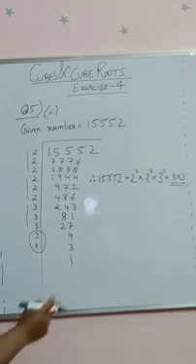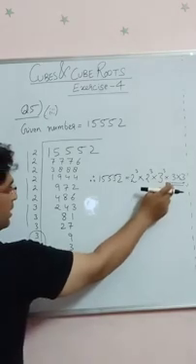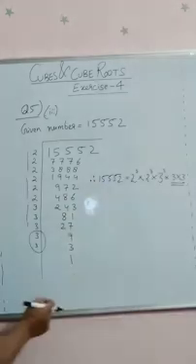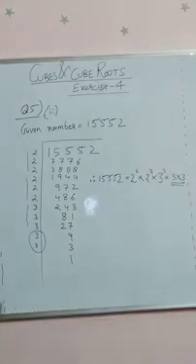So hence, in order to make this 3 in the form of a triplet, we require one more 3 to be multiplied.